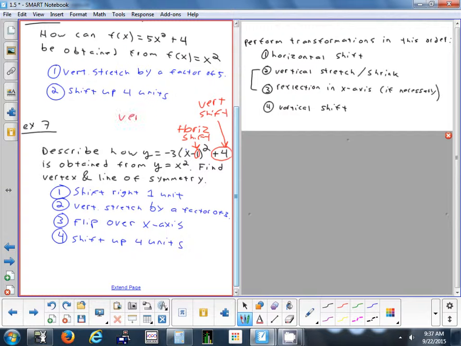This is your vertical stretch. And that's your reflection over the x-axis, or flip. You just got to get used to what each part does. But that's the most complicated one you could really have.